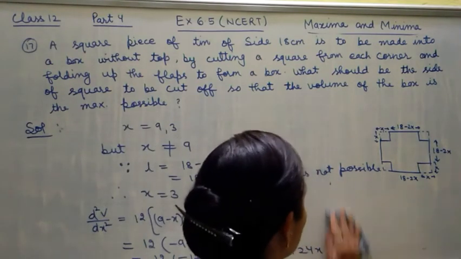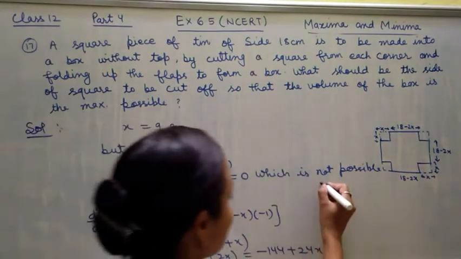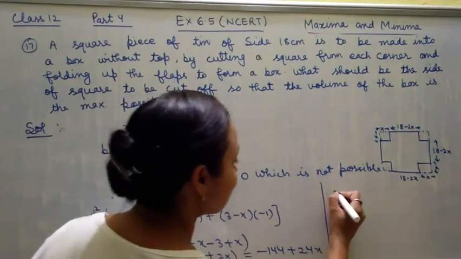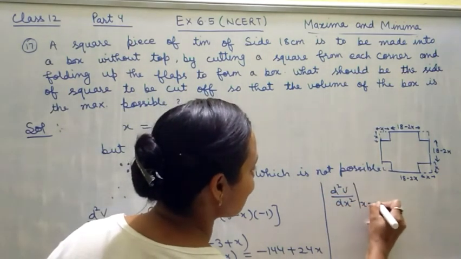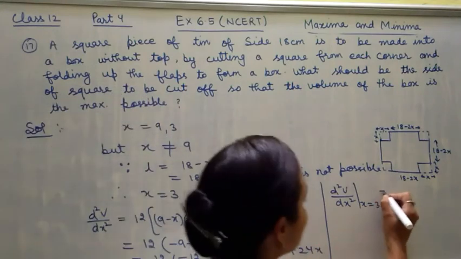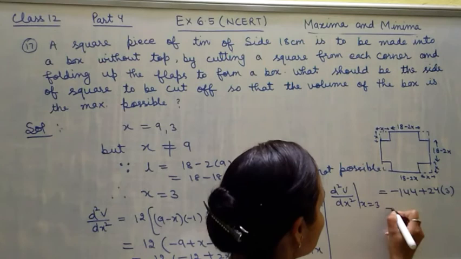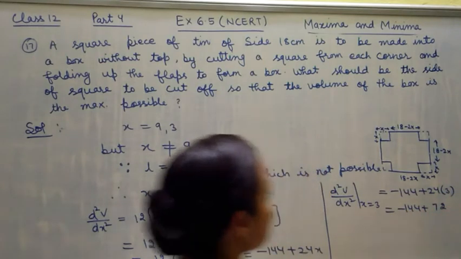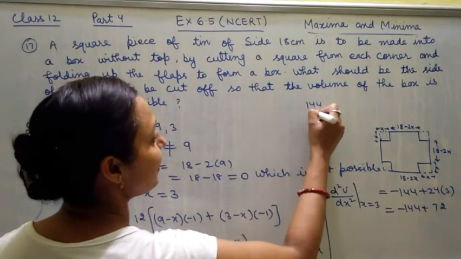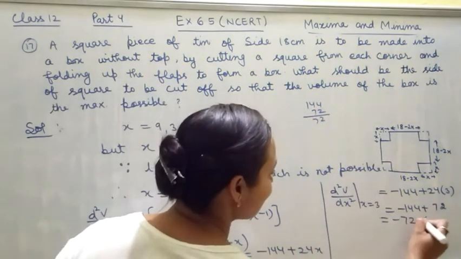Okay, to check the maximum value, I will put the value. What is d square v by dx square at x equals 3? Minus 144 plus 24 into 3, that is minus 144 plus 72, that is negative 72, which is less than 0.